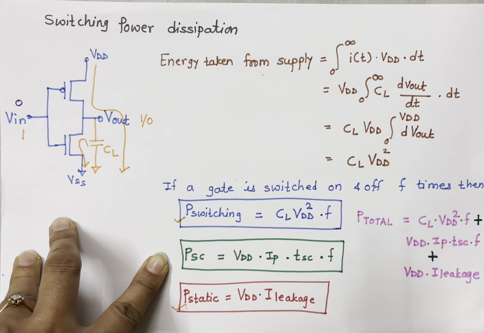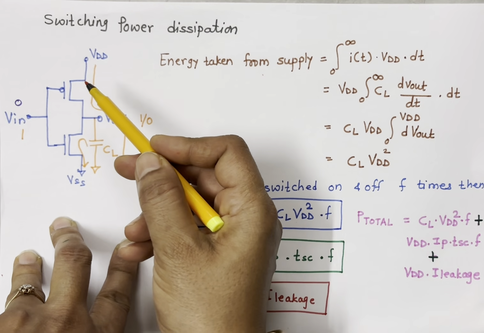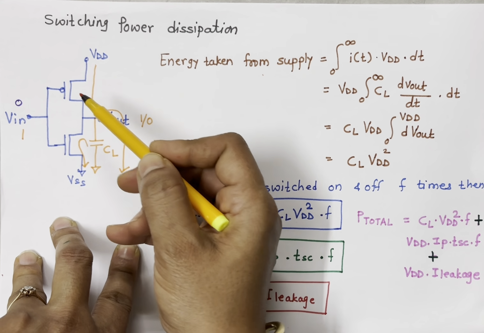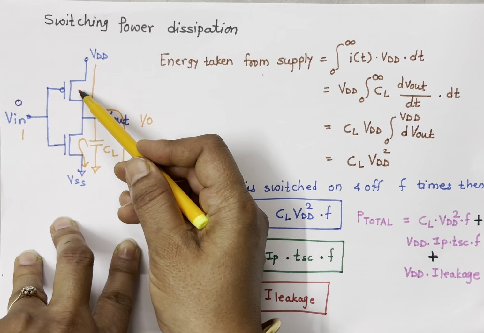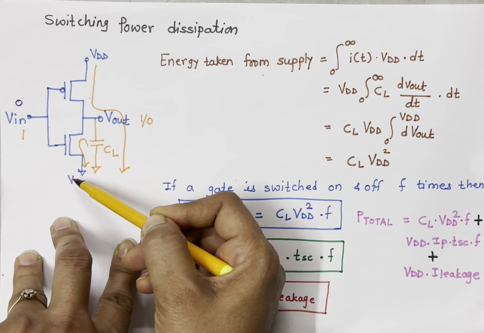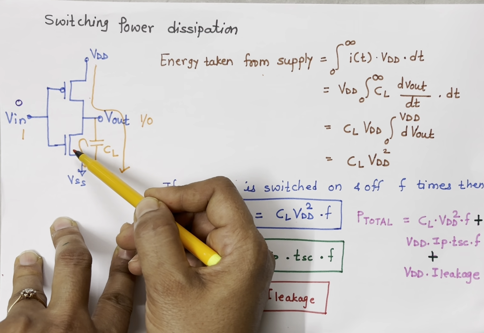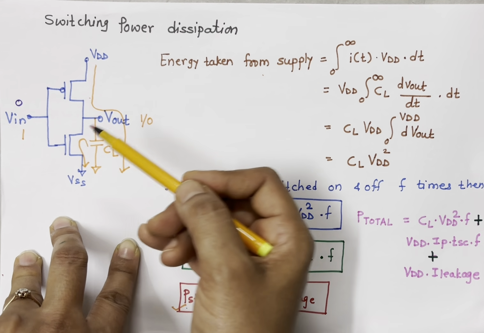This is static power dissipation. During charging of this capacitor, some amount of energy will get dissipated in the P channel MOSFET, whereas during discharge of this capacitor, some amount of energy will get dissipated in this N channel MOSFET.